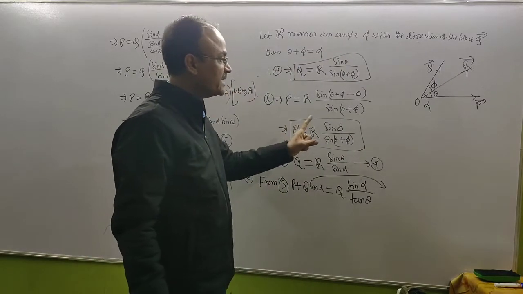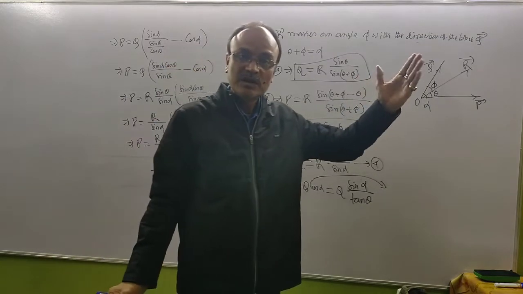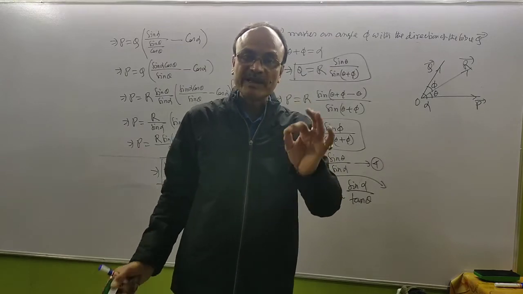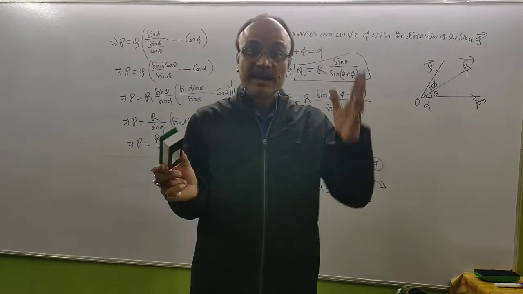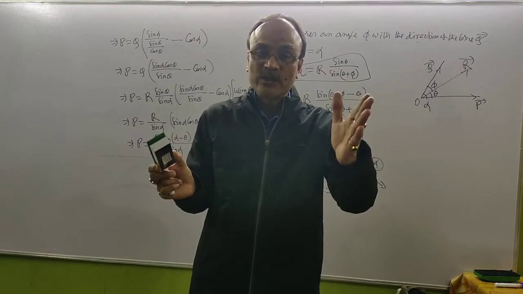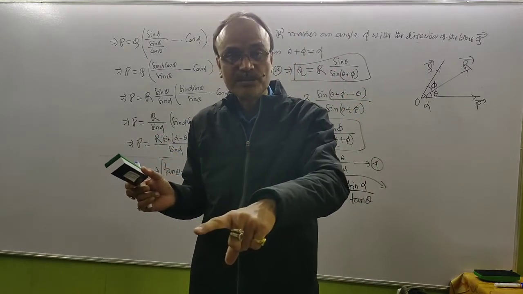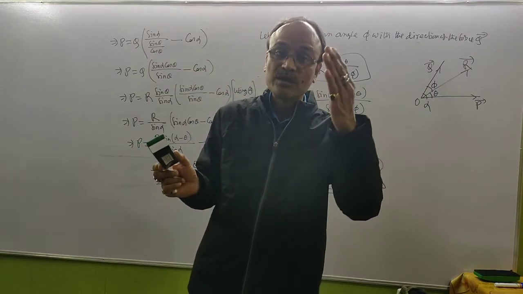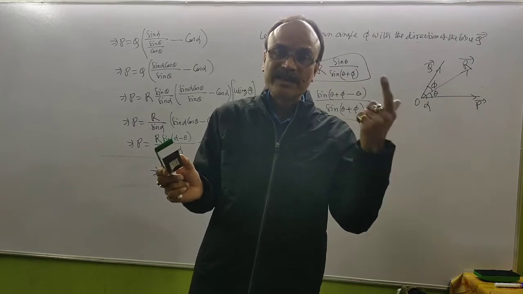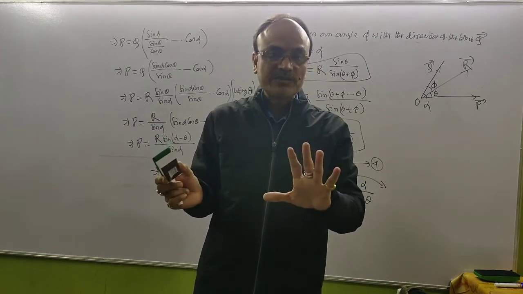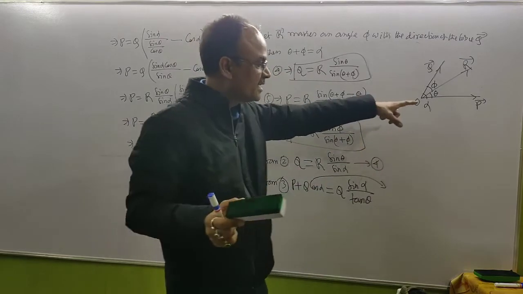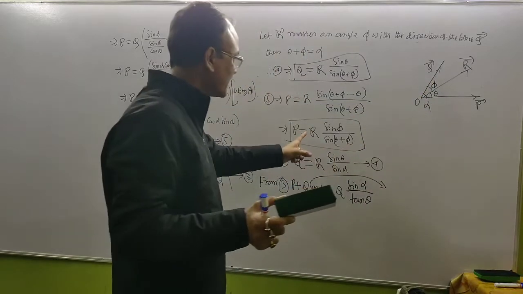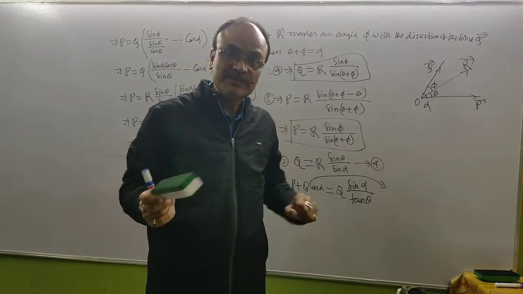Means if P and Q are two forces acting at a point, angle between P and Q is alpha. The resultant of P and Q makes an angle theta with the force P, and makes an angle phi with the force Q. Then we can express P in terms of R equal to R sin phi divided by sin theta plus phi.